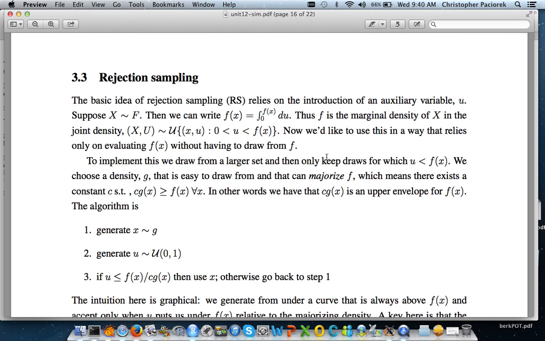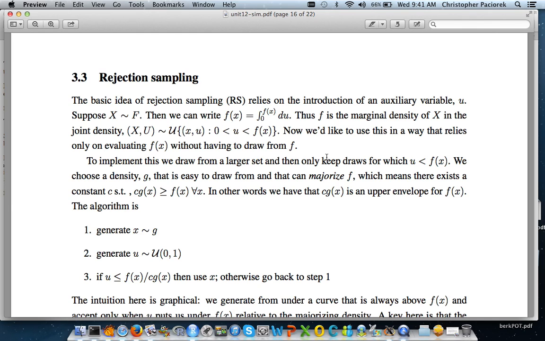Okay, so I have a dummy variable y, and for any given y, I'm just integrating from 0 up to f of y. So if I go ahead and do this integral, this is just going to be the integral from minus infinity to x of f of y dy.